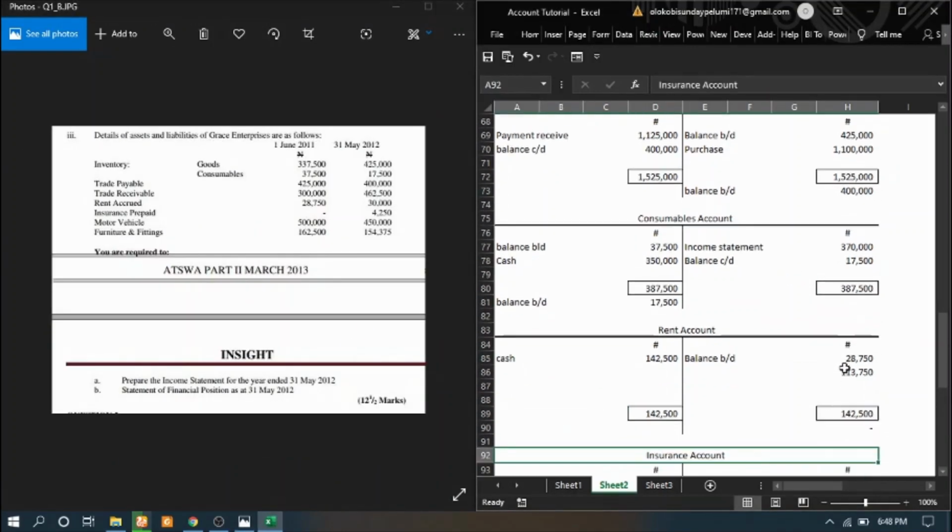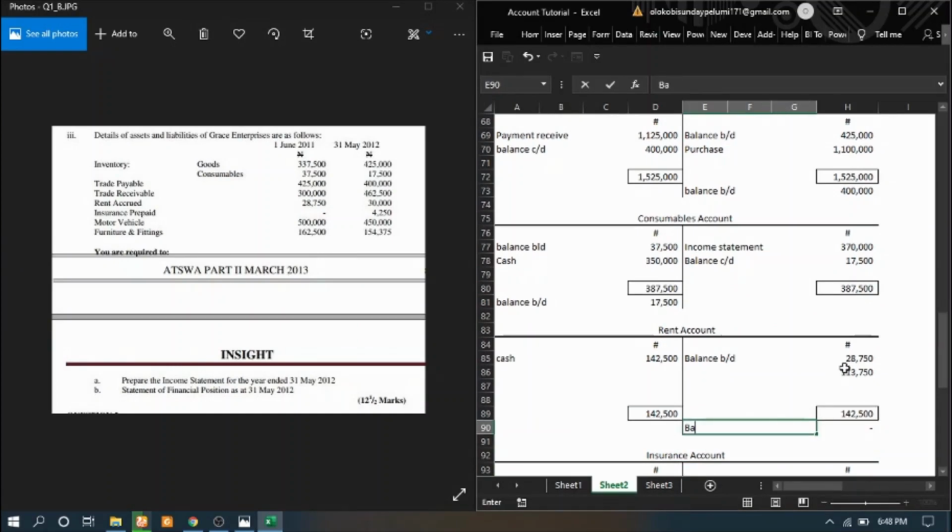So we have an amount of rent at the end of the period. At the end of the period, we're going to have a balance carried down here. What is the balance carried down of that rent? 30,000 naira.